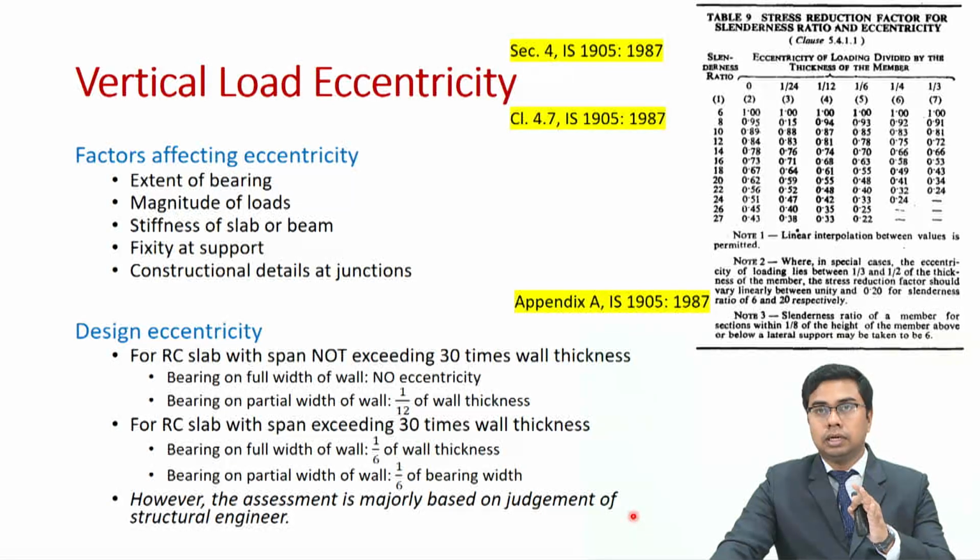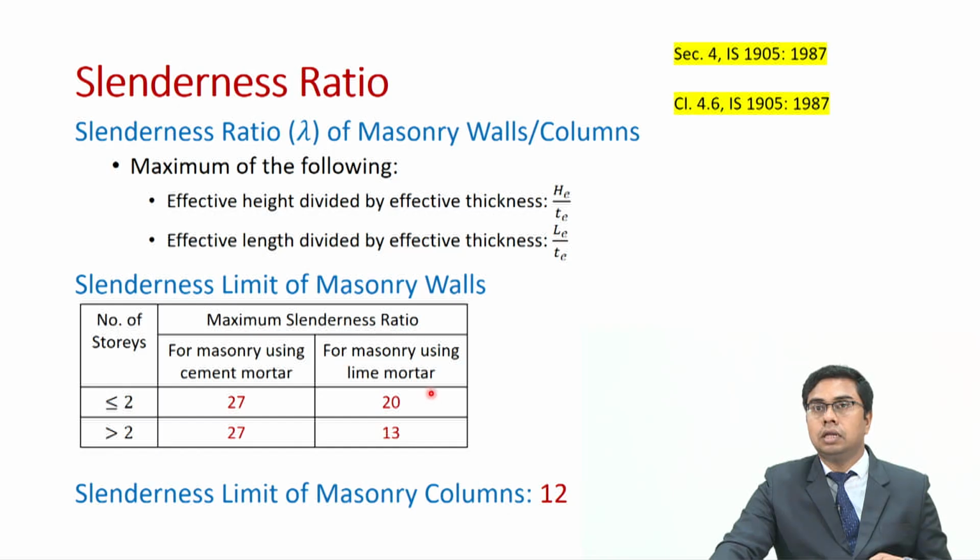Now, once you have the eccentricity, how will it affect your design of the masonry wall? For that, you have to look into Table 9 of IS 1905, where it defines the stress reduction factor depending on slenderness ratio and eccentricity. So, you have the slenderness ratio varying from 6 to 27. Why up to 27? We have earlier seen that the slenderness limit of a masonry wall is maximum up to 27.